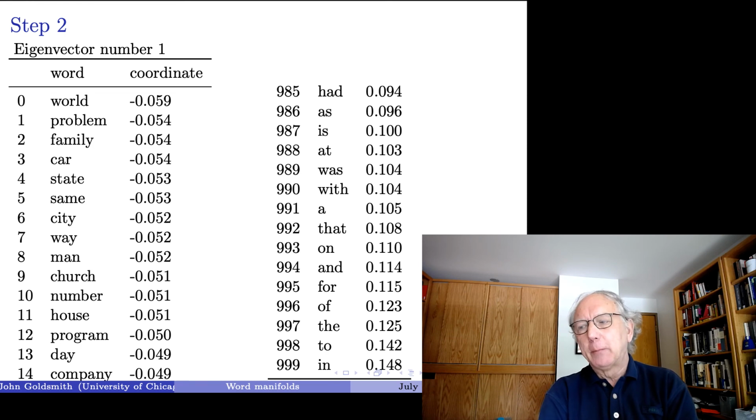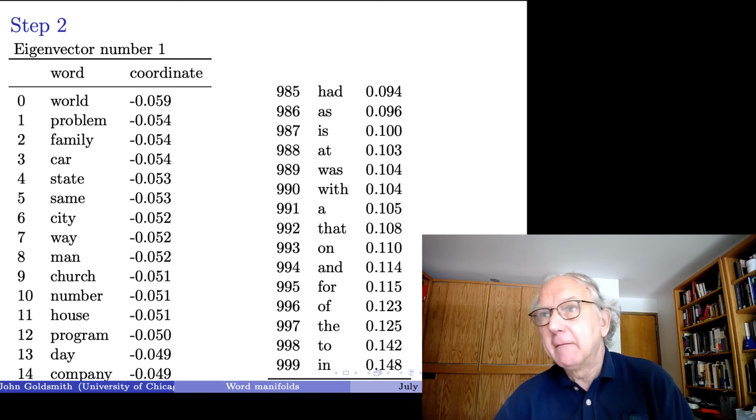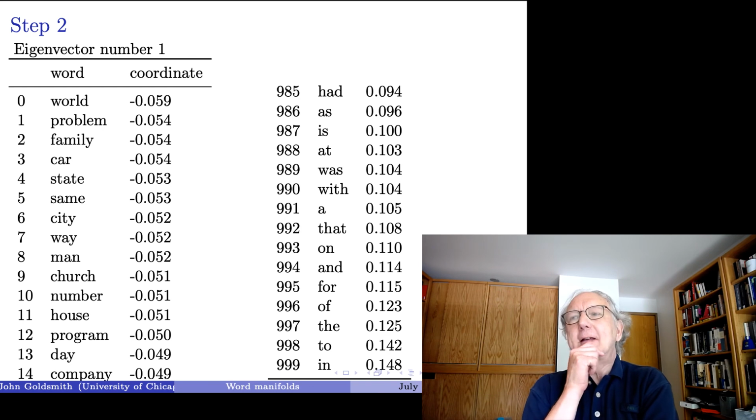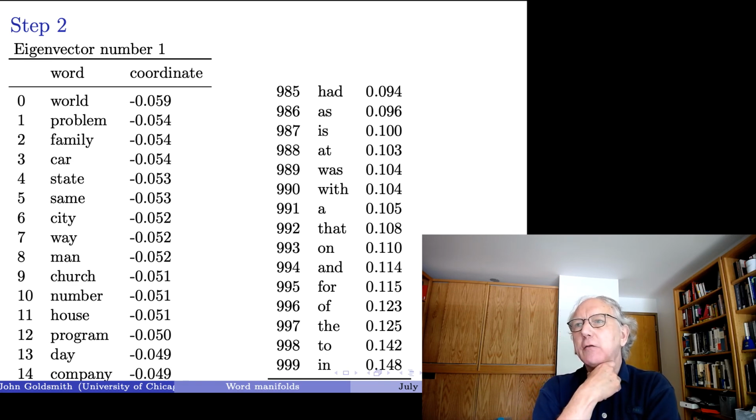It's the space in which the vectors that we're looking at live. All right, so here we are, and what can you see? I've written down here the 15 words that correspond to the lowest coordinates, 0 through 14, and the 15 words that correspond to the highest values.